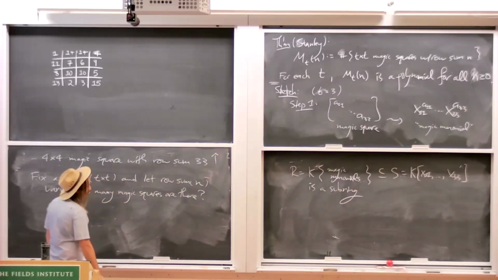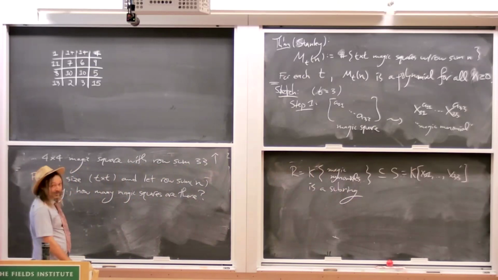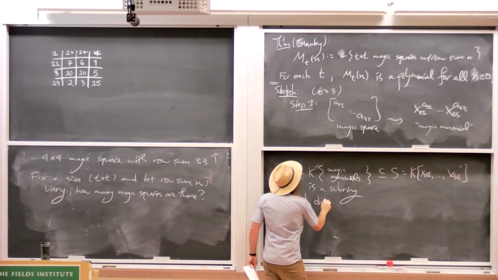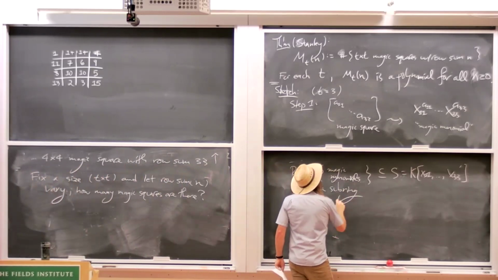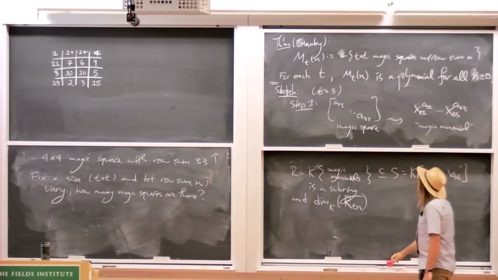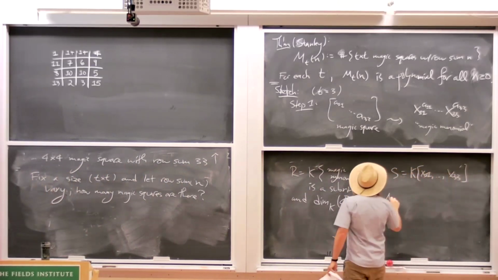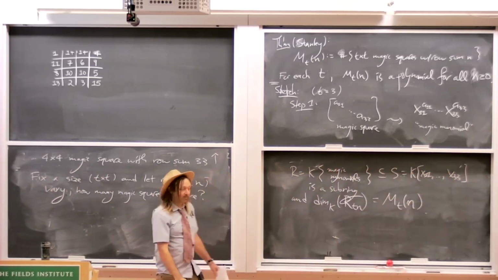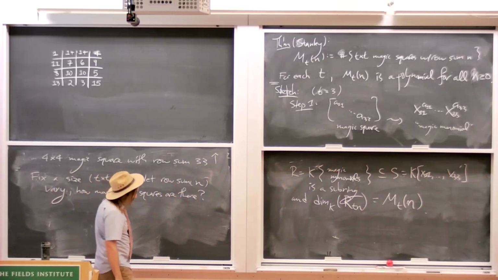One checks that the vector space spanned by the magic monomials is a subring, and it is a graded ring, and the vector space dimension in degree t times n is the number of magic monomials corresponding to row sum n.